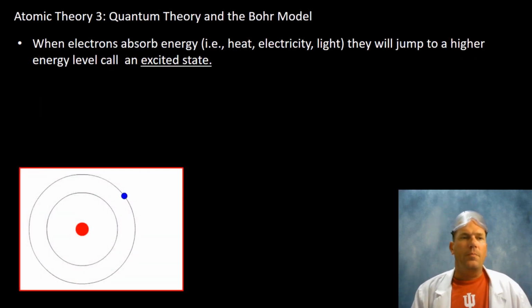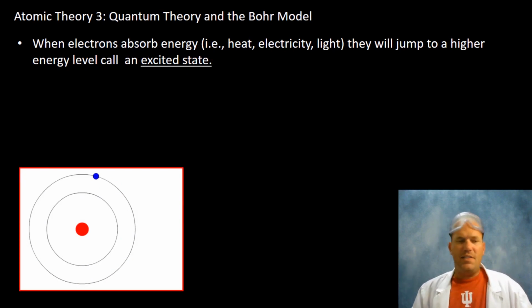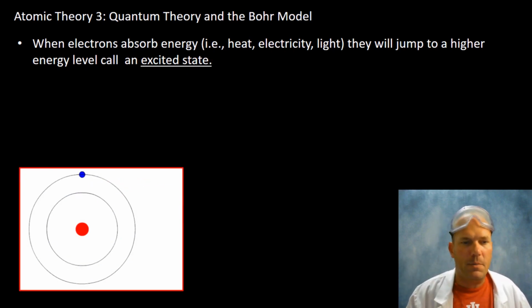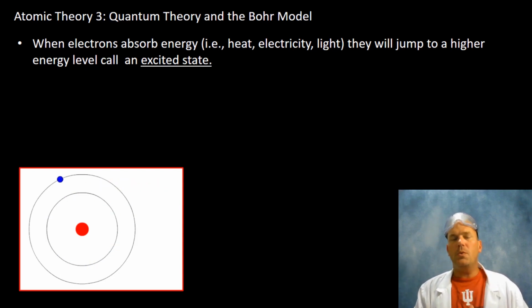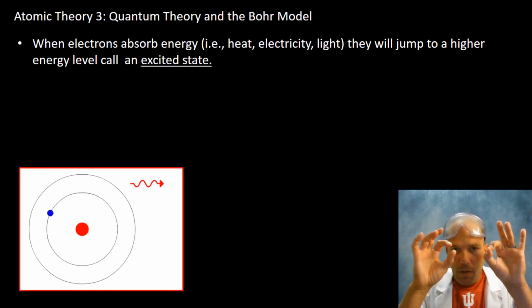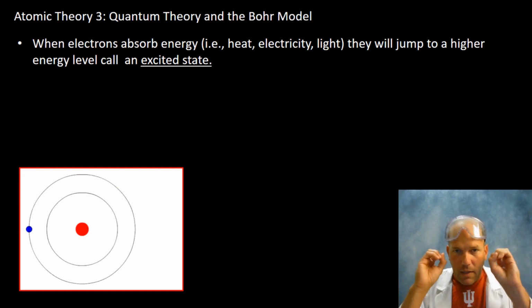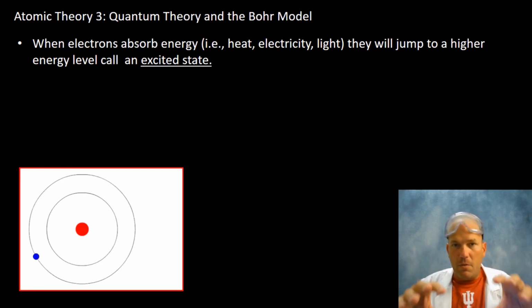Okay, so when electrons, and this is a critical piece for you to pick up on, when electrons absorb energy, okay, and remember that's what Niels Bohr was looking at through the spectroscope, was looking at hydrogen when it was hit with either heat or electricity.